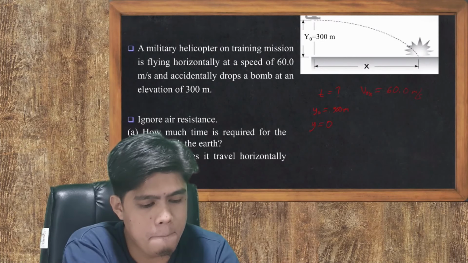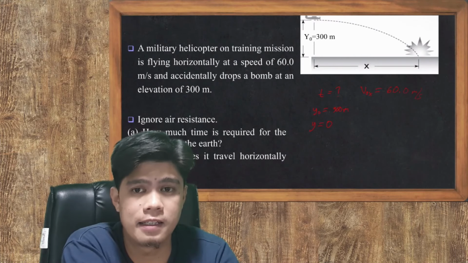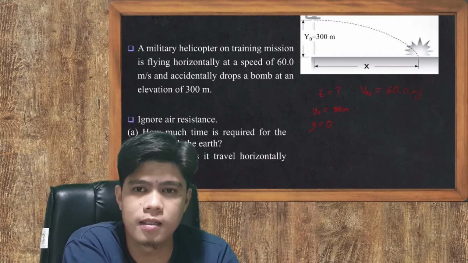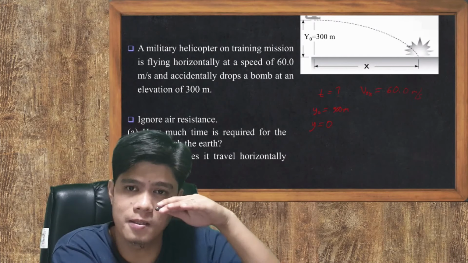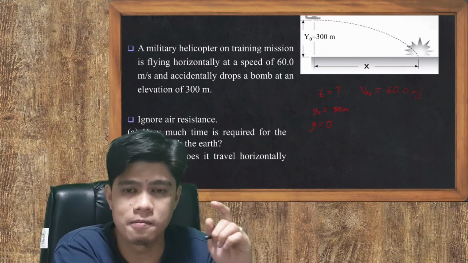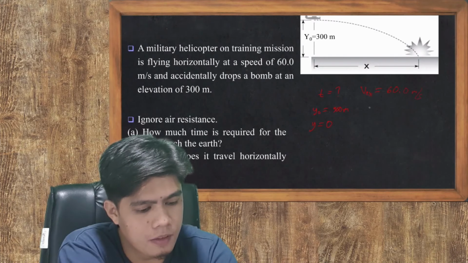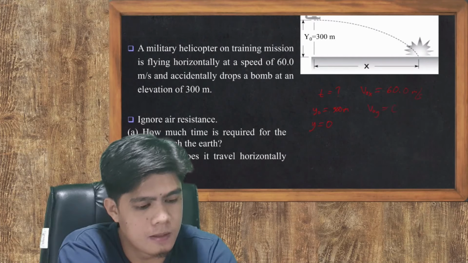Okay, and also we have here a hidden given, and that is if you drop an object horizontally, meaning you have no initial velocity along y, so you have v naught y equals 0.